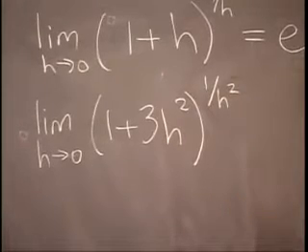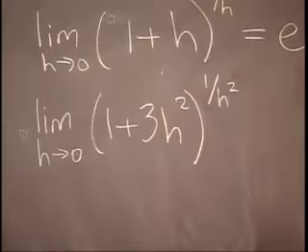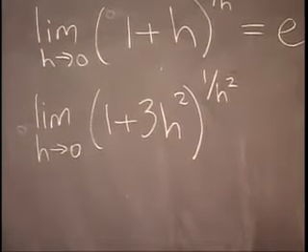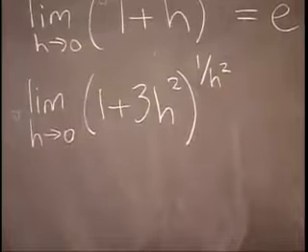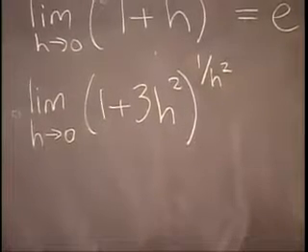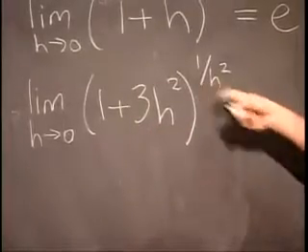Suppose you have to do the limit as h goes to 0 of (1 plus 3h squared) to the power 1 over h squared, not 1 over 3h squared. Well, you have to do a similar sort of thing of multiplying and dividing, except you can't really do much down here. This is the best place to work.